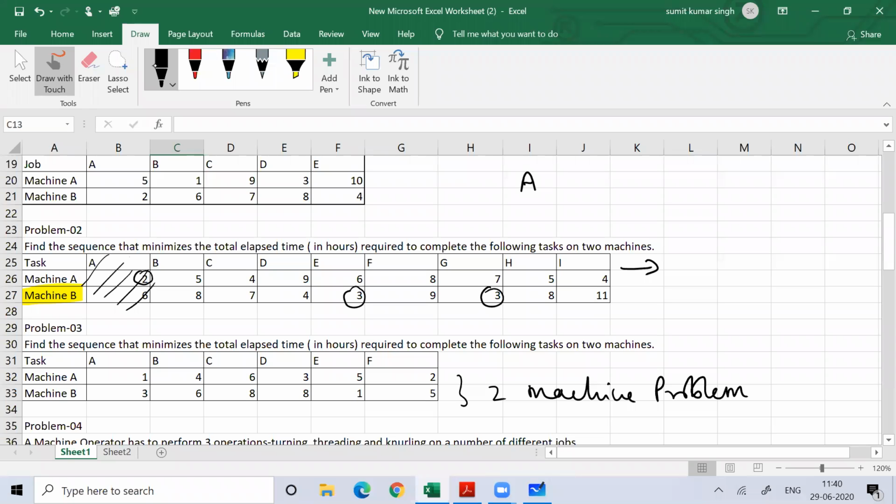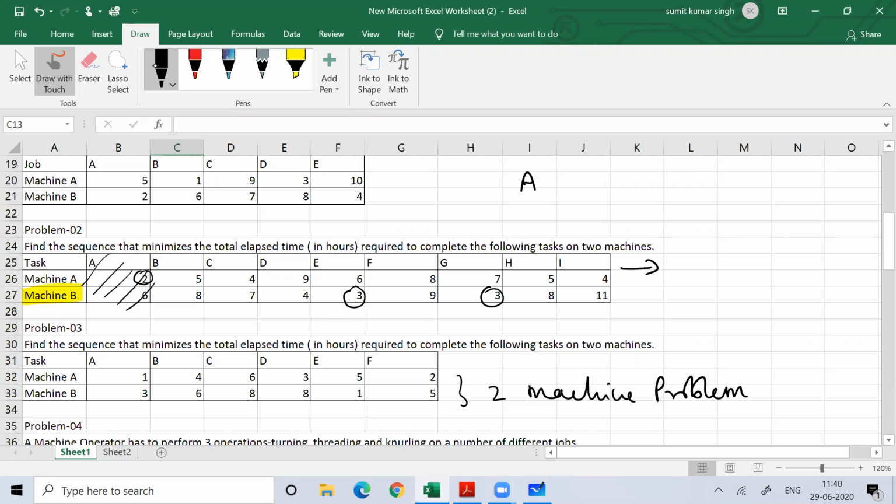Ultimately you have to minimize the total processing time while working on all the machines together. Then you may be confused whether I should end my work with E or with G.